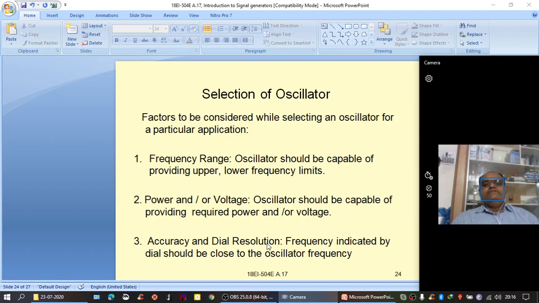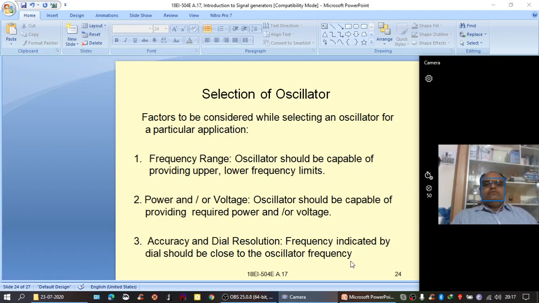And accuracy and dial resolution. That is, we will use the oscillator to produce a certain frequency signal. If on the dial it shows 1 kilohertz, and in practice when the output is taken it is giving say 1.1 kilohertz or 900 hertz, then because of the inaccuracy of the dial calibration, whatever purpose we are using the oscillator for, that purpose would not be served.